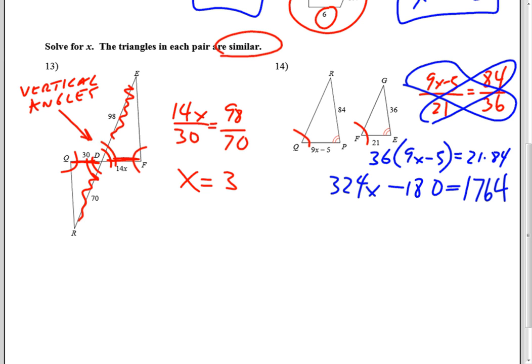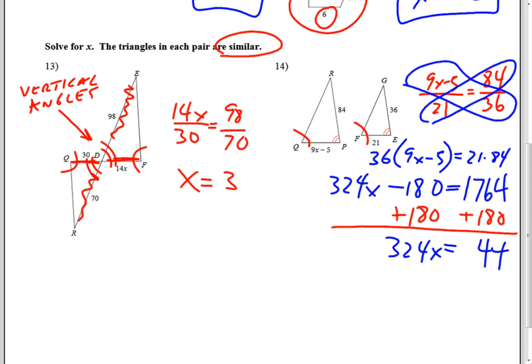Is that 180? Tell me what to do. If I've got a two-step equation, how do I solve that? Add the 180. Now I've got 324x equal to 1944. Final step.